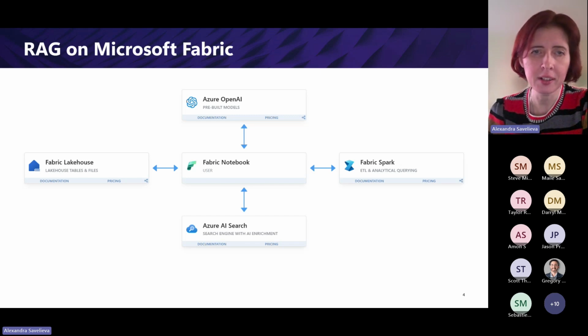So in the center is a notebook that is running on the Fabric platform, and obviously the data science language which we will be using is Python. The other important pieces include the storage layer, for which we are going to be using Fabric Lakehouse.